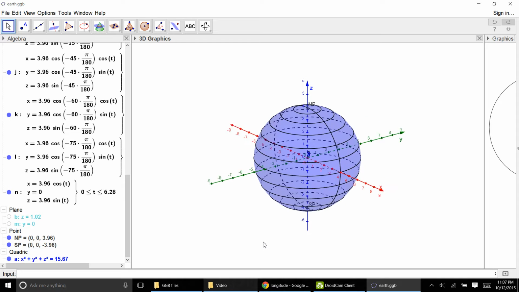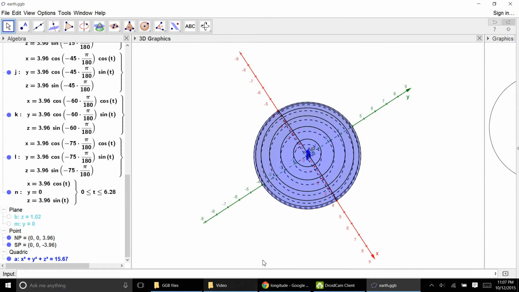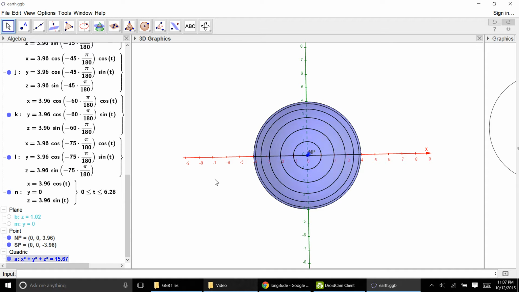So now we want to go 15 degrees. We just want to rotate that whole thing by 15 degrees. So I want a line now going like this on the XY plane. First of all, we need that plane.